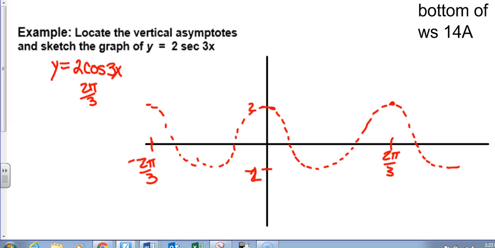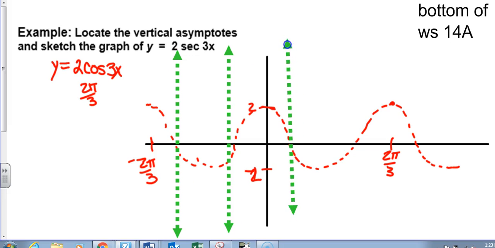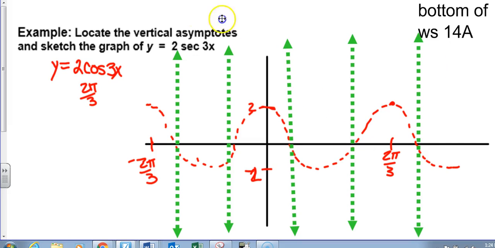Yeah, wherever that had zeros. Those are so badly drawn. All right, that's as close as I'm going to get.